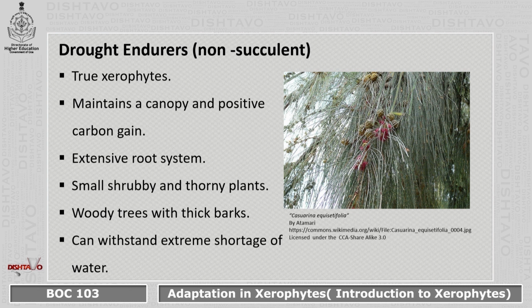To my extreme right, you can see a picture of casuarina. In this picture you can also see the modification: the leaves are reduced to small scale-like structures. All these features help the plant to overcome the extreme shortage of water.